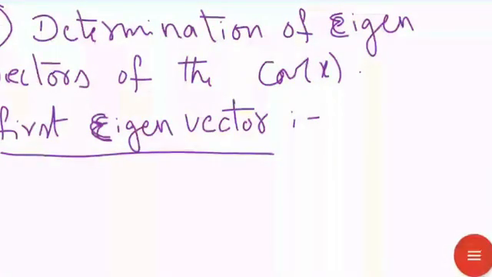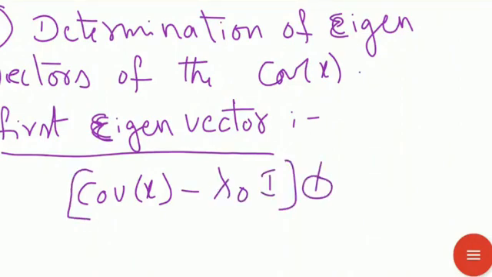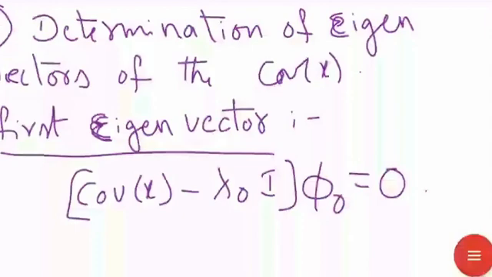You should follow the equation like this: covariance of x minus lambda naught into I into phi naught is equal to 0. Use this equation to determine the eigenvector. Here phi naught, phi 1 are the eigenvectors for the lambda naught, lambda 1 eigenvalues respectively. So substitute here and then solve.